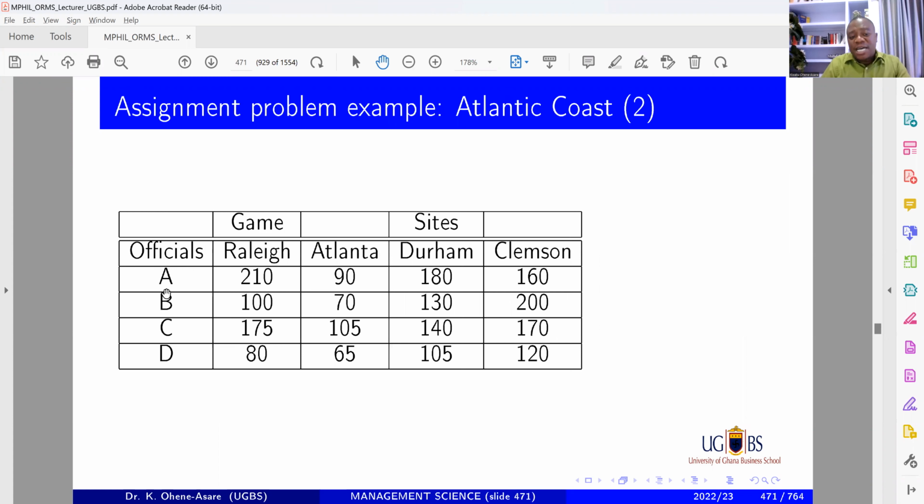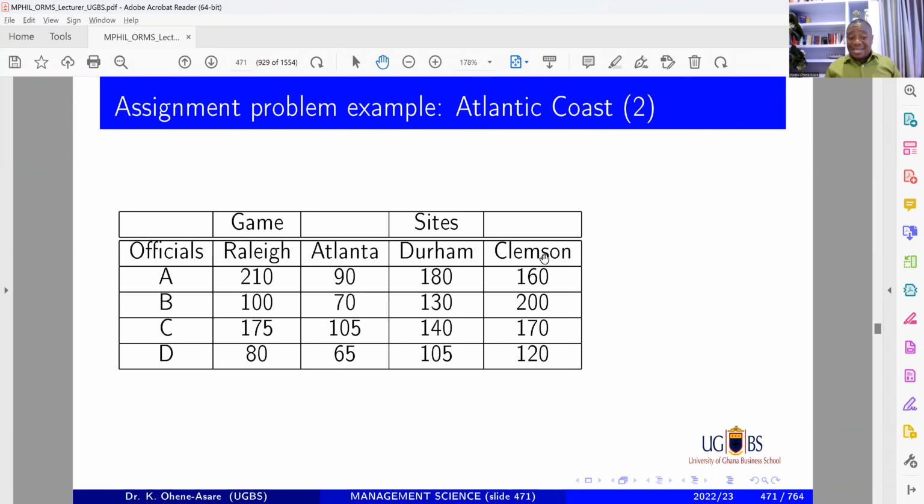In the official A group, the team of officials A are going to officiate the game. The games are in Raleigh, Atlanta, Durham, and Clemson. Guys, if you're going to follow me, I'm going to ask you a question.